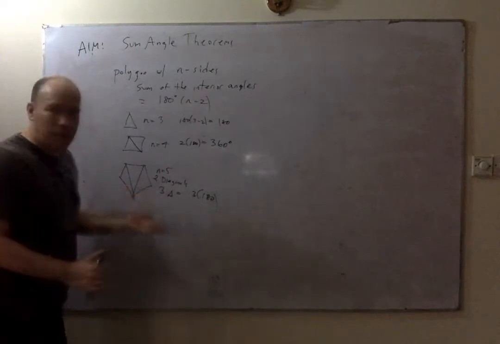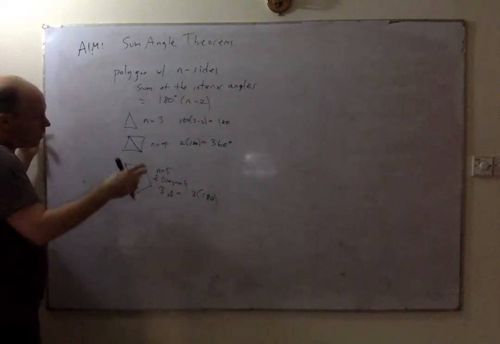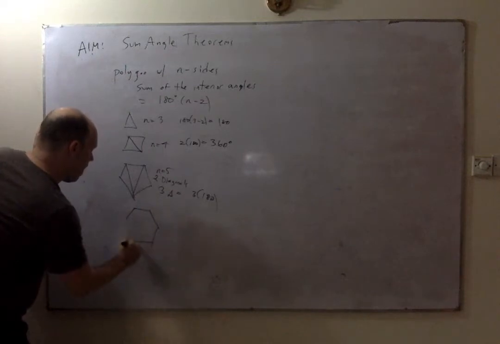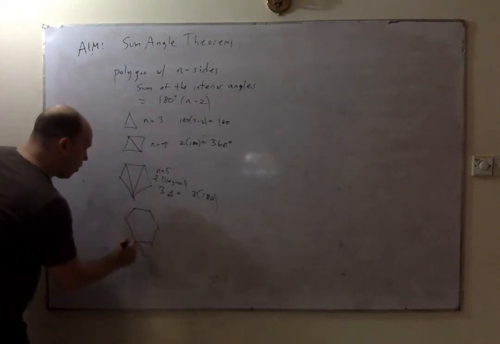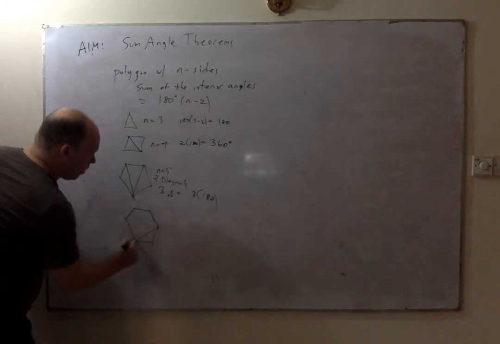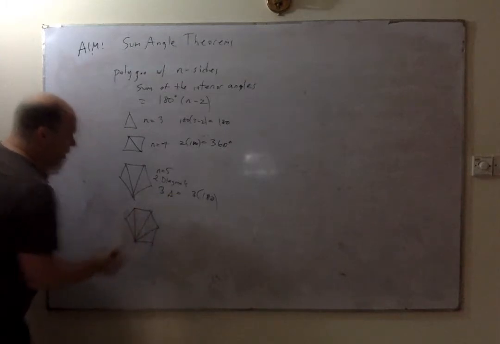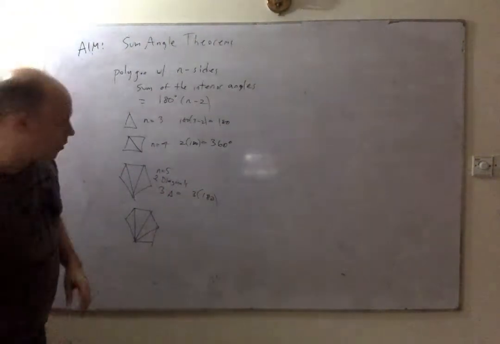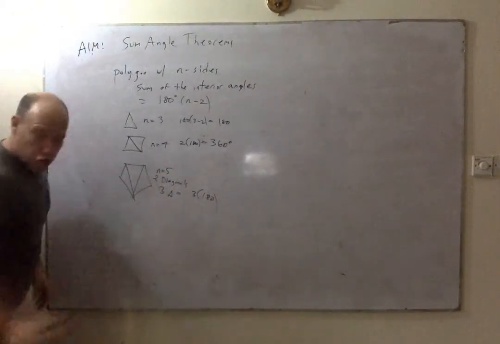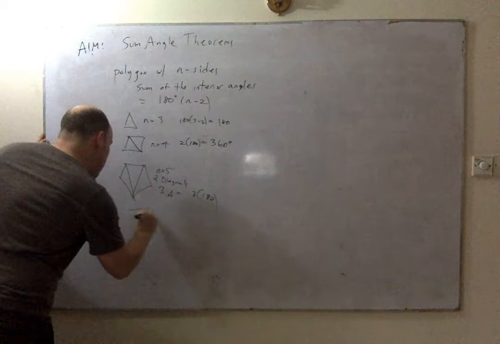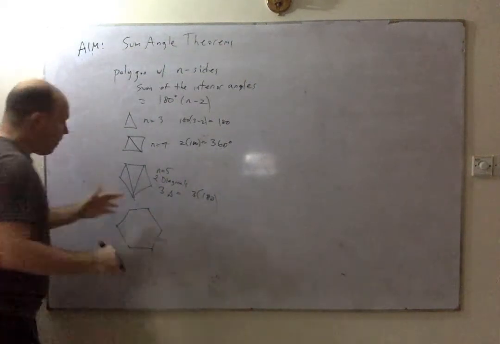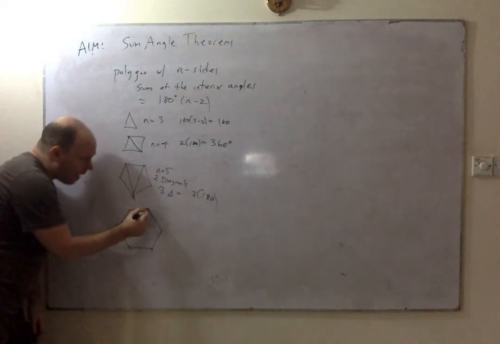Let's take a hexagon, 6 sides. If I pick any vertex, how many diagonals can I draw?